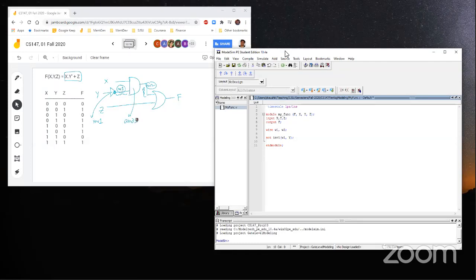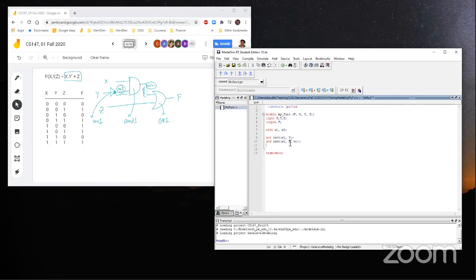You can give any name there, and this, let's say, is OR1. So AND1 has output W2, the AND's output, and input is X and W1.